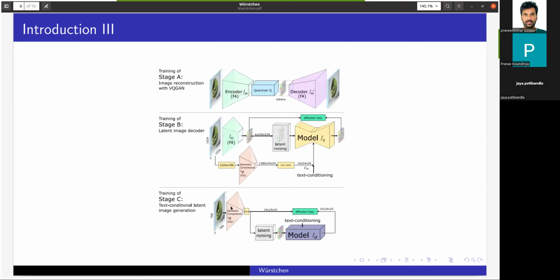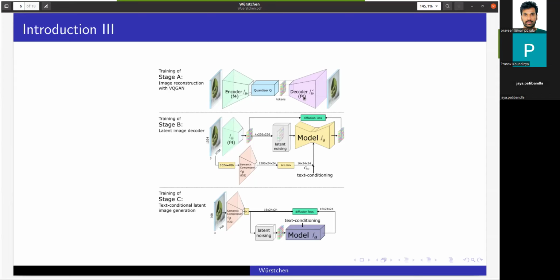If we go to the diagram of the VQGAN, the encoder part first projects the image into the latent space, the quantizer converts it into tokens, and then finally it is decoded. So this is the training process of stage A. However, when we are training stage B, we are not going to use the quantizer or the decoder. We shall use only the encoder part, and the training is performed in the unquantized latent space of stage A.